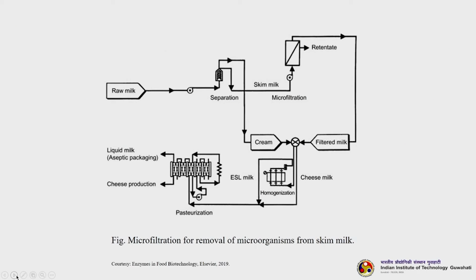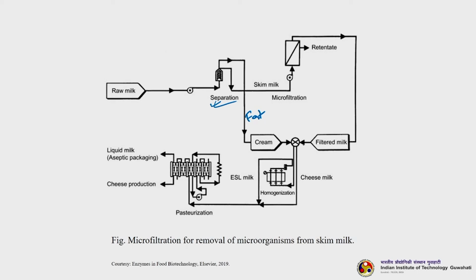This is a schematic of the microfiltration for removal of microorganisms for skim milk. You can see the raw milk, where anything that is suspended is usually removed first. Then some fat is also removed here. The fat free milk or skim milk goes through a microfiltration where you remove any bacteria or other things present, and then it comes back to the filtered milk.